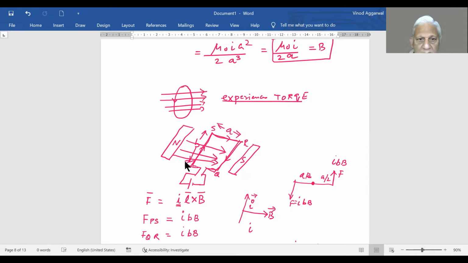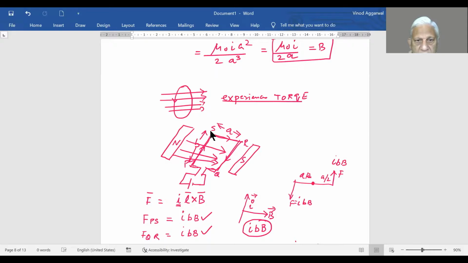Then the force on side PS is equal to I times length, length is b, times field B. Similar will be the case with QR. So on PS we have IbB, on QR we have IbB.